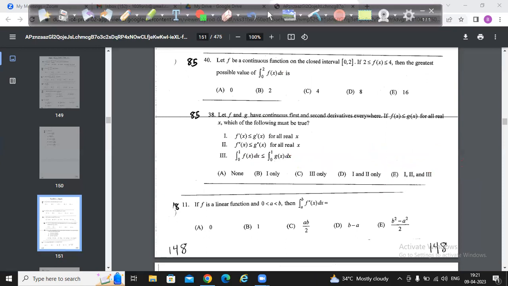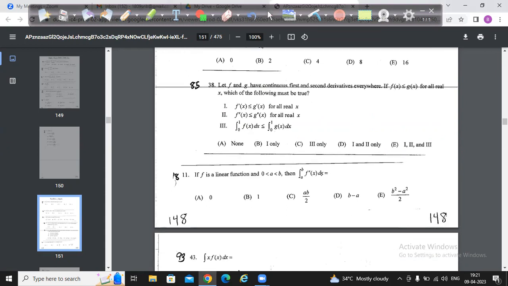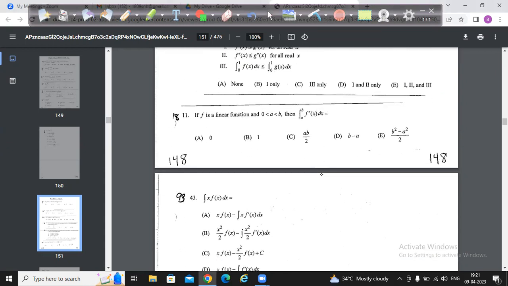They can be wrong. Next: f is a linear function and 0 is less than a less than b, then what is the integral of a to b f double dash x dx? F is a linear function. Simple question, direct question here. Everyone should type fast.